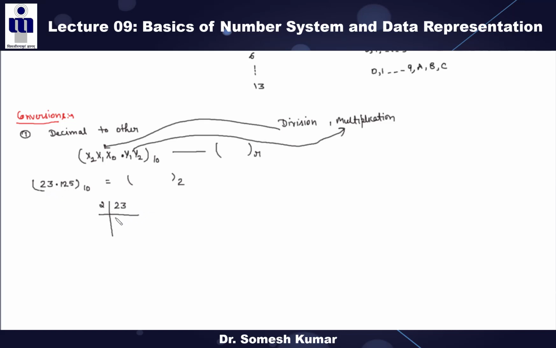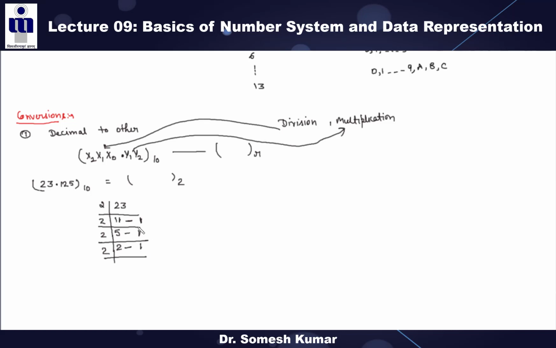So what is the remainder? The remainder is 1. Again you have to divide 11 by 2. What is the remainder? 1. Now the remainder is 1. You have to divide until we get the quotient 0, right?